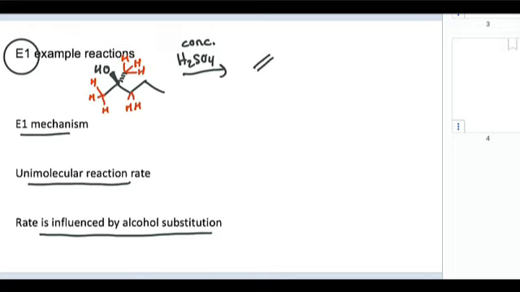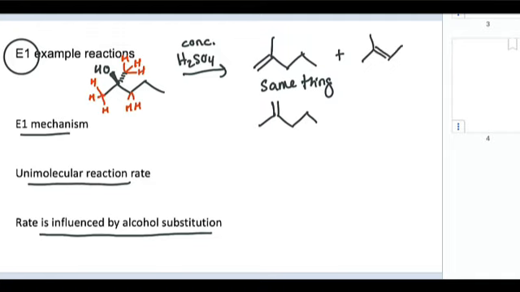So we could form the double bond here, and that's actually the same thing as if we had formed the double bond there. And the other place where we could have ended up with a double bond is right here. Okay, so just depending on the beta proton that was picked in the mechanism.